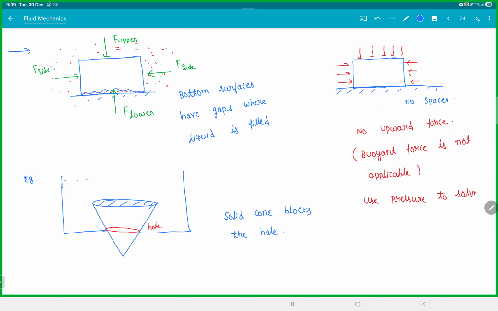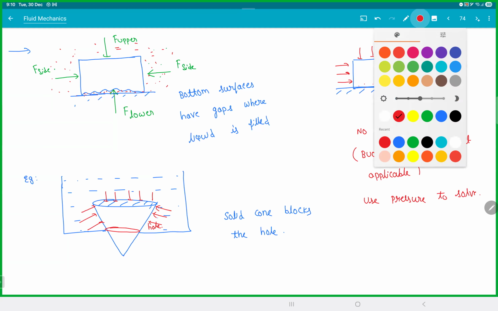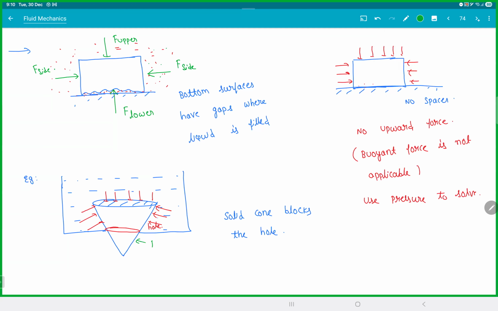And now you start filling this with liquid. So I can ask a question like this: find the height of the liquid when the cone comes out of the hole. Now, if you look at the pressure here, the liquid is pushing you from the top. The liquid is also pushing you from the side walls. But once you are outside here, this is atmospheric pressure P naught. This is a completely different thing.